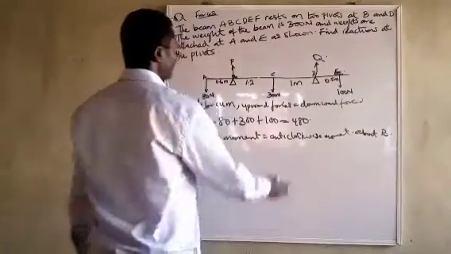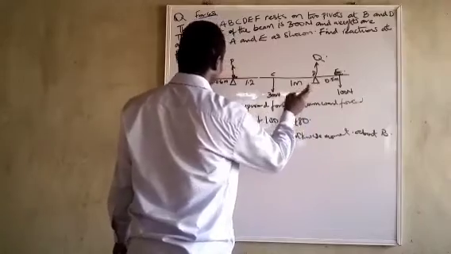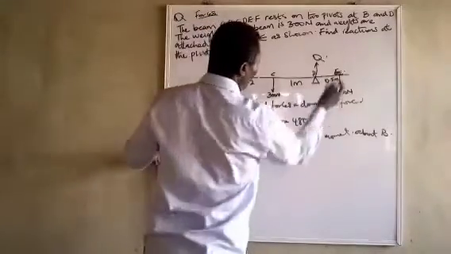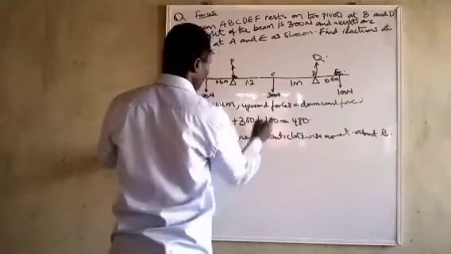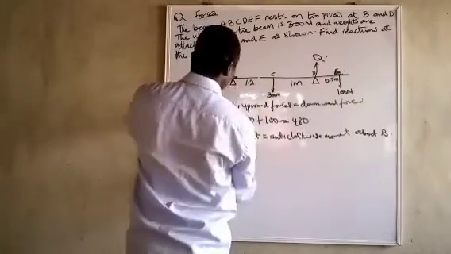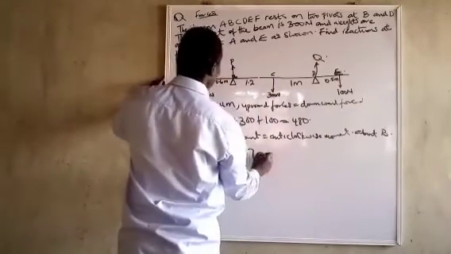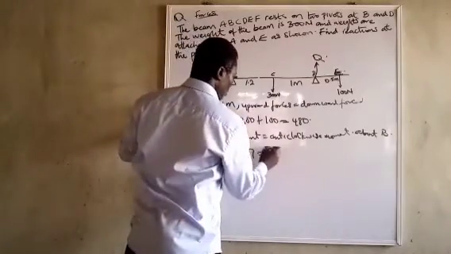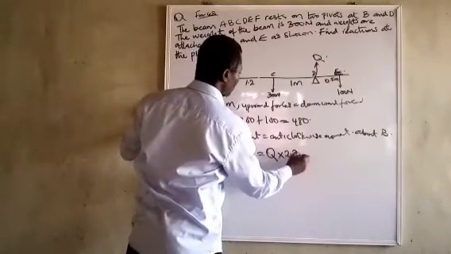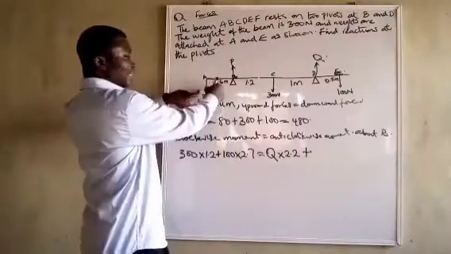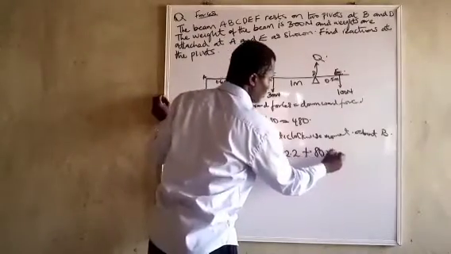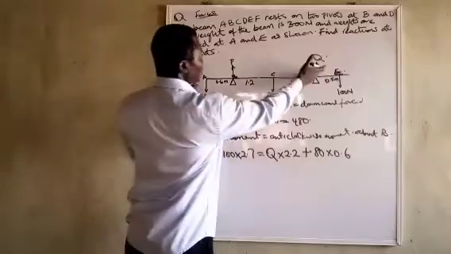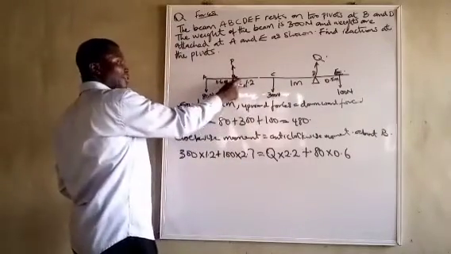Let's look at another one, 100 times 2.7, will be equal to, you can see Q goes like this, Q times 2.2 plus 80 times 0.6. You know, this 80 will have anti-clockwise effects. This Q will have anti-clockwise effects about B.